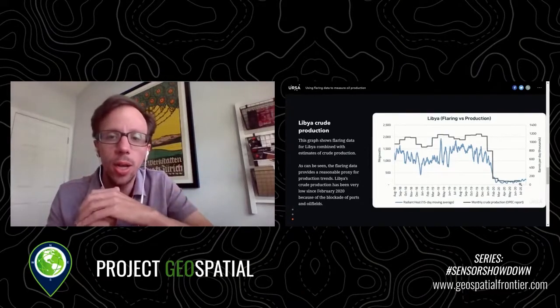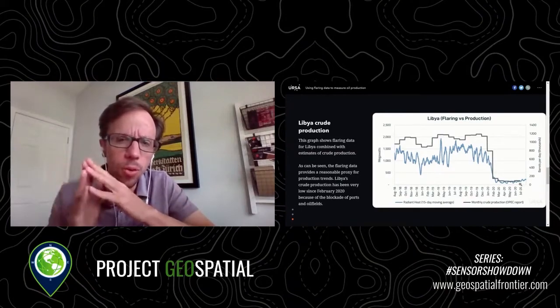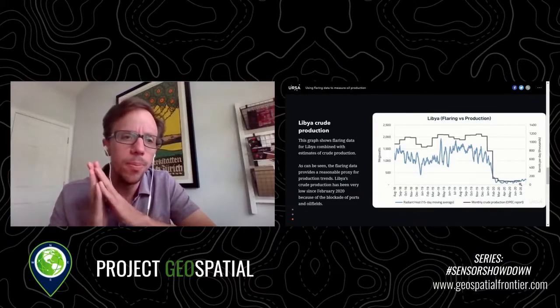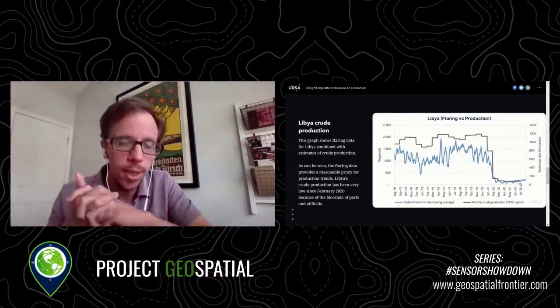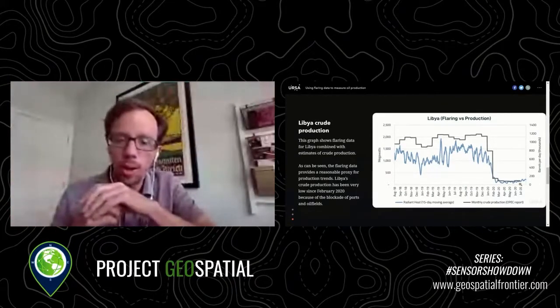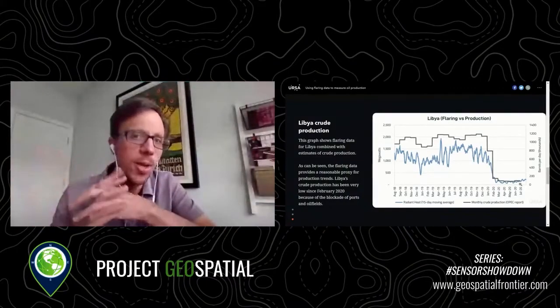The darker line is a known estimate of Libyan crude production from an OPEC monthly report. You could do the same exercise in other countries. Libya happens to be a good example because it's been a very volatile situation, so it gives us an opportunity to see what happens when we hear about specific oil fields closing for extended periods of time.